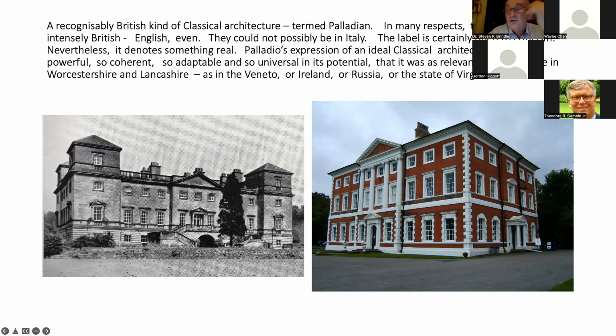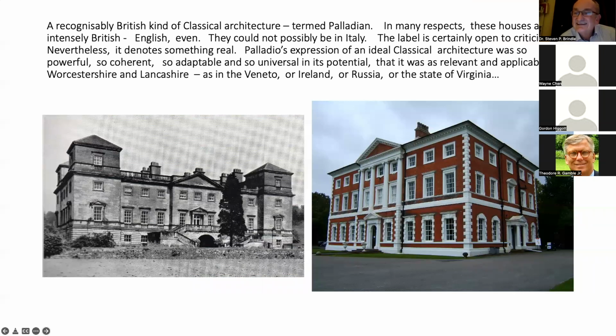If you look at the plan, at the size of the windows, at the glazing style, at the way they're built, at their internal disposition, they're very specifically English or British, and they couldn't possibly be in Italy. But nevertheless, if Palladio had not lived and had not written his four books, these houses would probably not look quite like this.